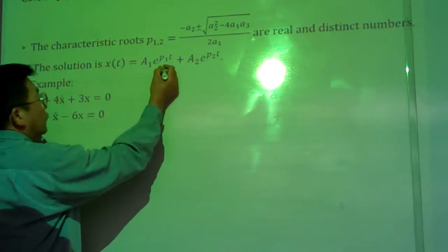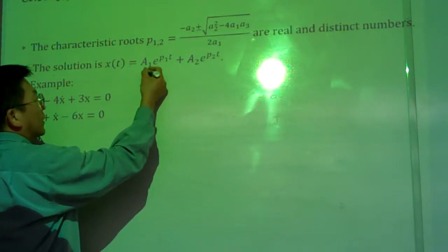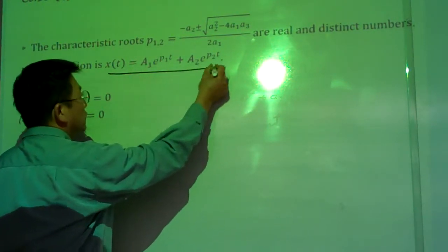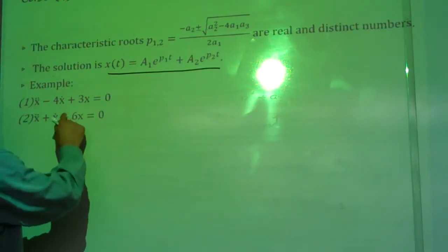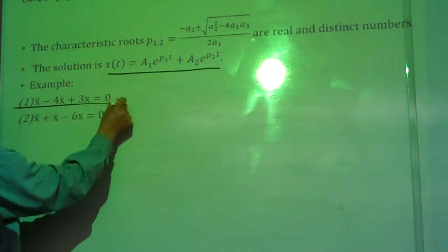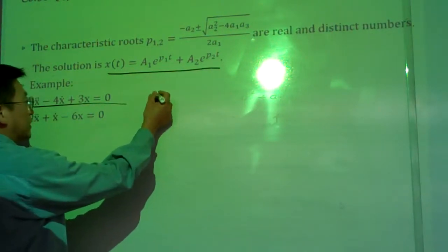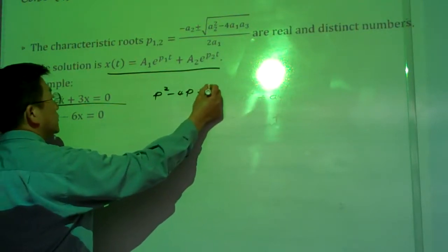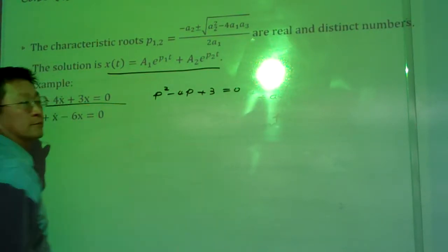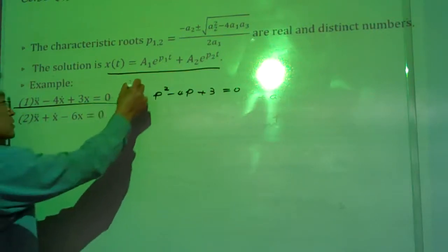Again, we solve for P1 and P2, and then we take the linear combination. We must take the complete set. So keep this in mind, okay? So we can take a look at the two examples to demonstrate the solution process. For the first equation here, you can see the characteristic equation is P squared minus 4P plus 3 equal to 0. Okay, so that is the characteristic equation.